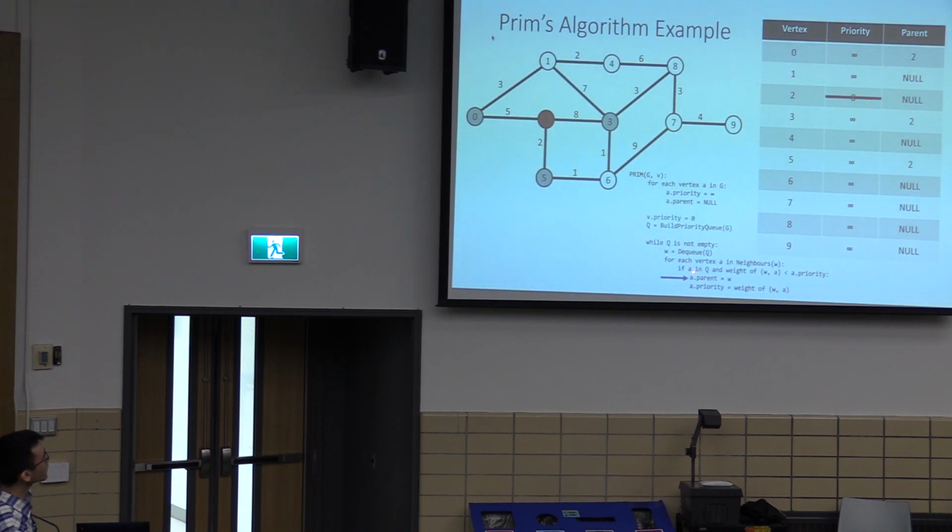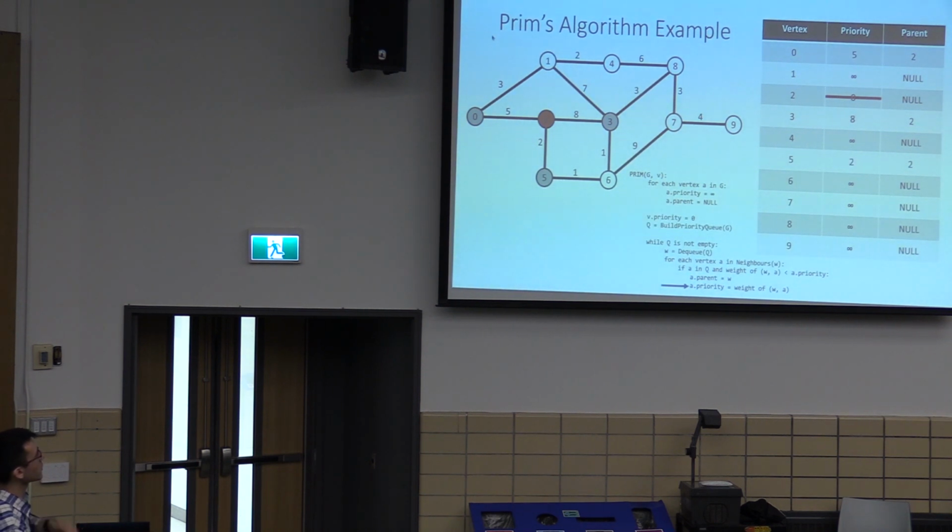First, I'm going to set each of their parents to 2, because these are potential next nodes in our tree, so I'm going to immediately set their parents to whatever I came from. You can see vertex 0 now corresponds to 2, vertex 3 has a parent of 2, and vertex 5 has a parent of 2 as well.